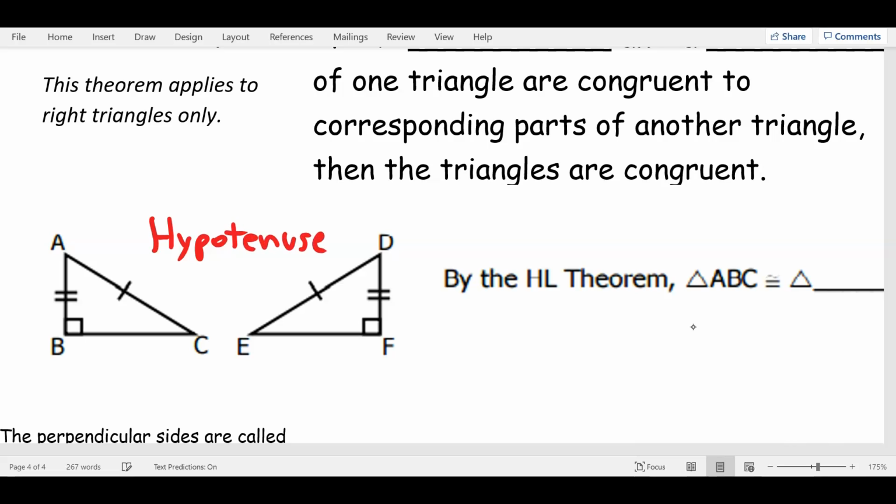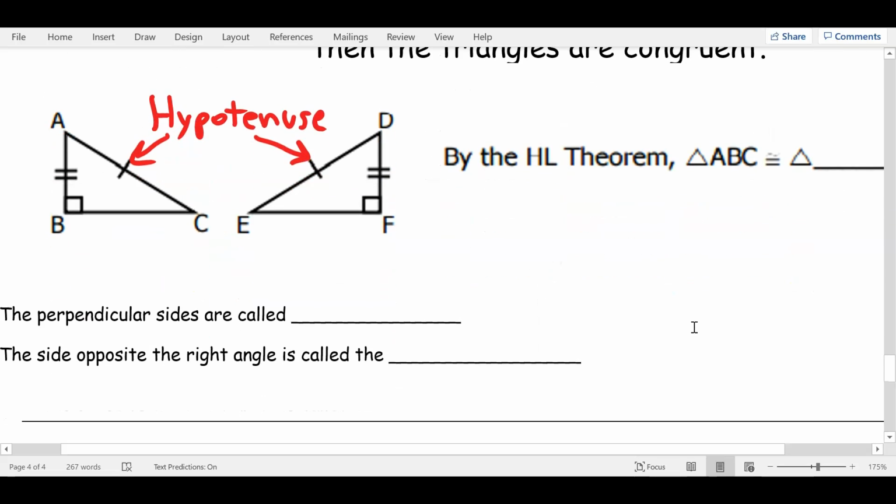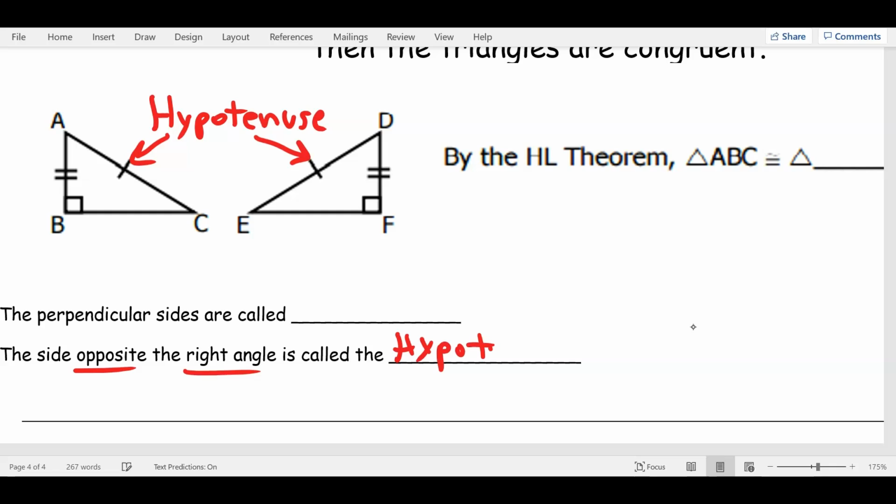Hypotenuse is right there and right there. Okay? It's across from the right angle, across from 90 degrees, the hypotenuse. Okay, y'all heard that before? Hypotenuse?